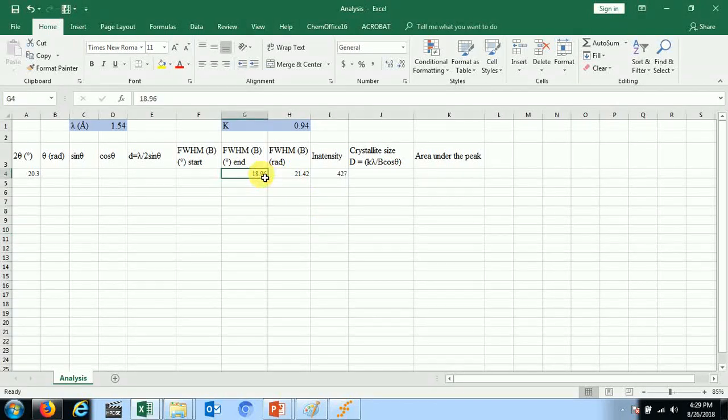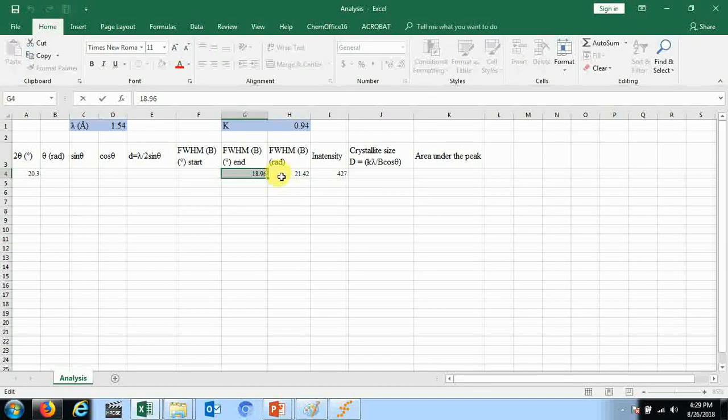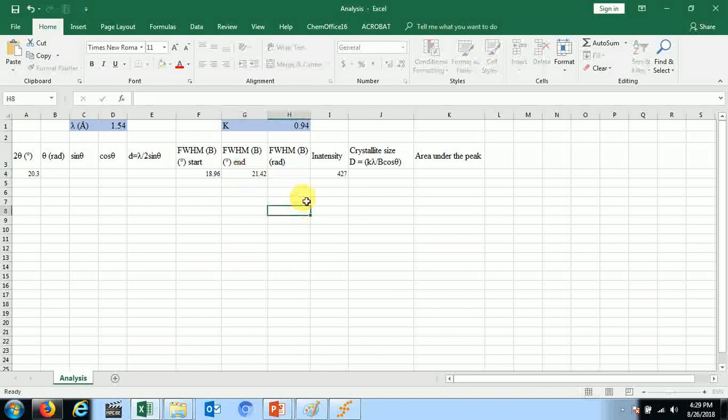I'm sorry, this will be the starting point, this will be the ending point. What is the full width at half maximum? Remember, all those two are in degree, and these are the 2 theta values.